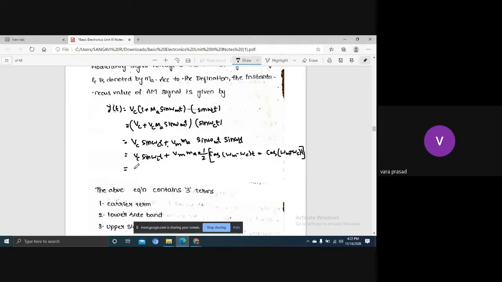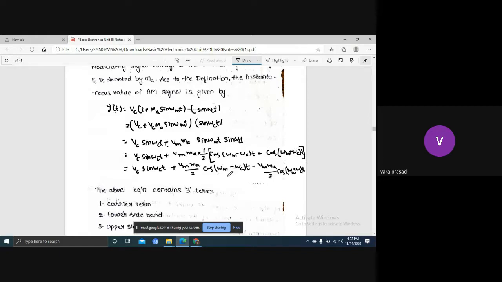Then Vc sine omega ct plus Vc mA by 2 cos of (omega m minus omega c) t minus Vc mA by 2 cos of (omega m plus omega c) t.